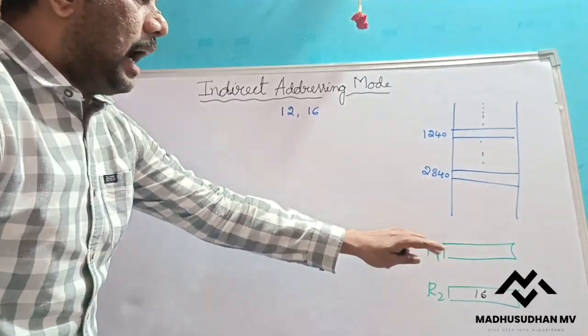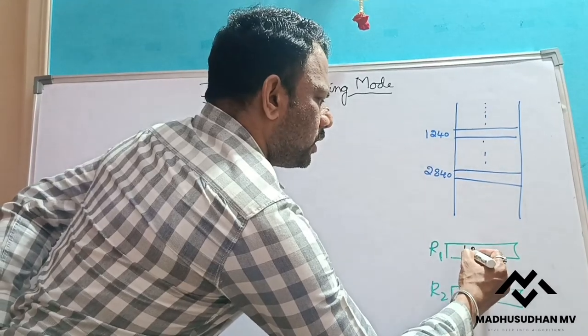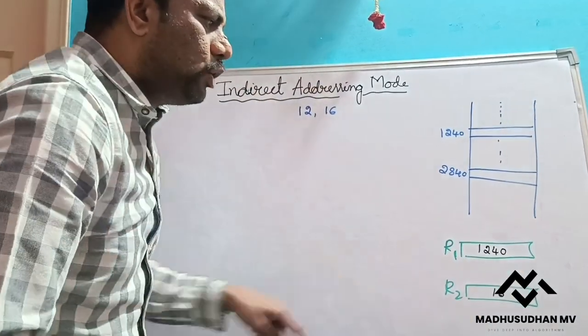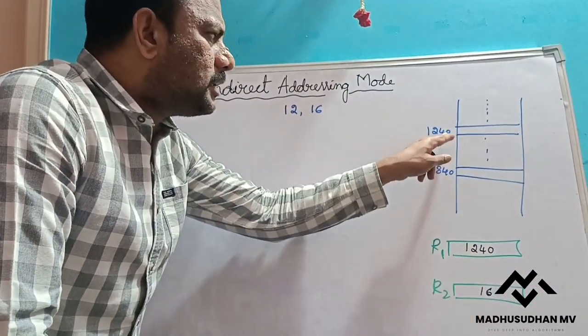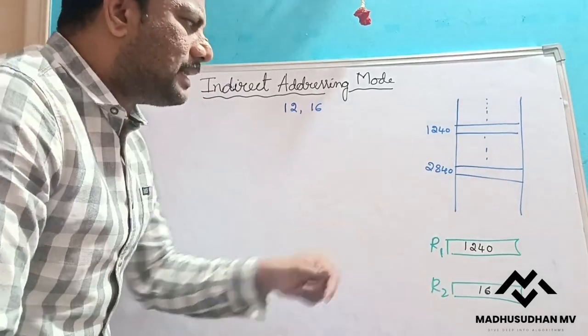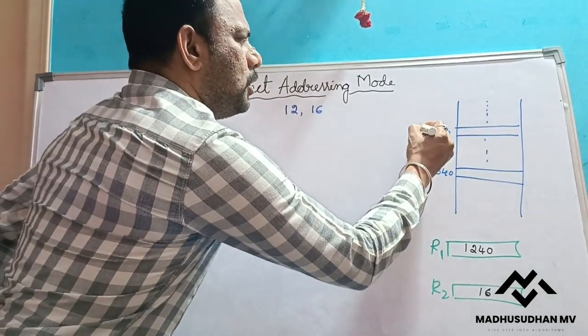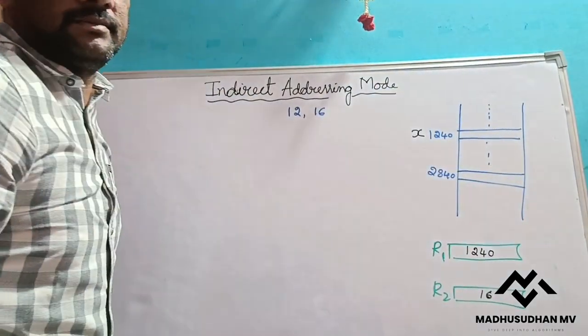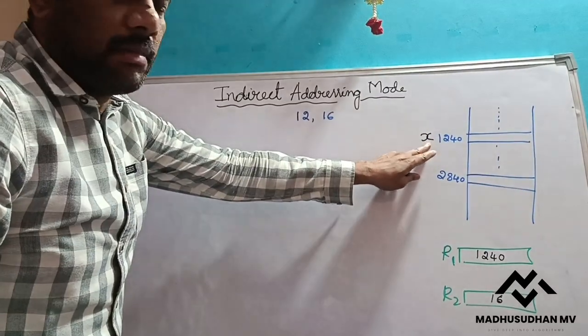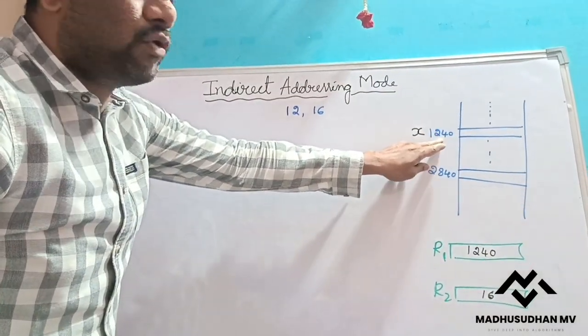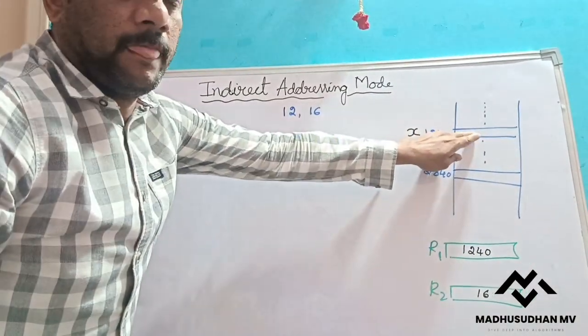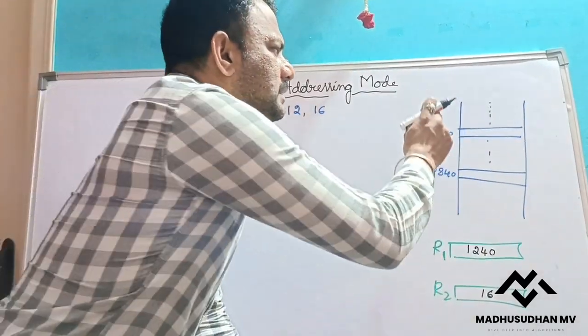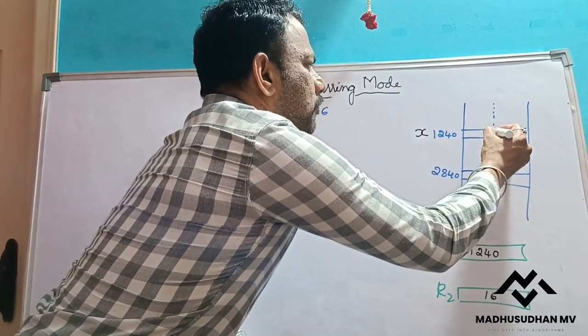Instead, I will store the address 1240 here. This 1240 is the address of some variable; I have given this address the name X. X is the variable name for this location. In this address, I am storing the value 12.